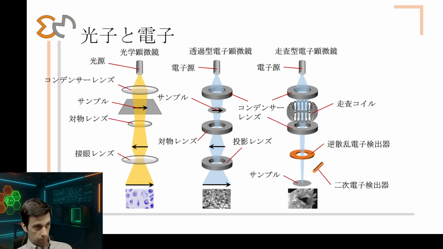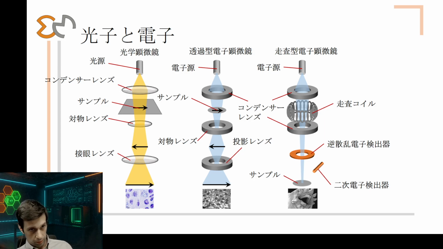Then we have some lenses that are used to focus the electron beam or light, and these can be optical lenses in the case of light, and electromagnetic lenses in the case of electron beams. Then for transmission electron microscope, or transmission light microscope, you have the sample in between. After the sample, you collect the light and you get the final image.